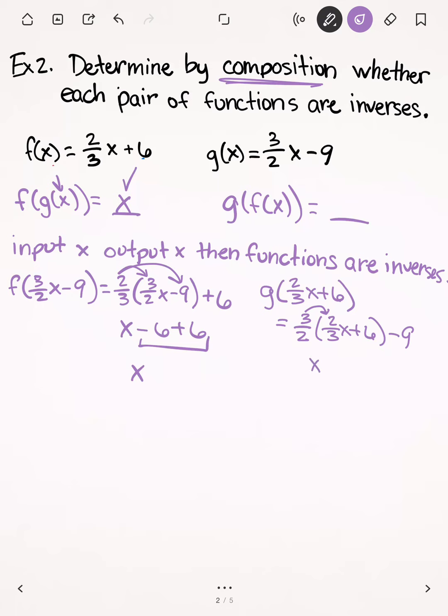That just leaves me with x. 3/2 times 6. Well, 3 times 6 is 18, divided by 2 is a positive 9. Minus 9. Combine your like terms. 9 minus 9 is 0, so I'm left with x. Again, my input was x. My output was x. So yes, they are inverses.